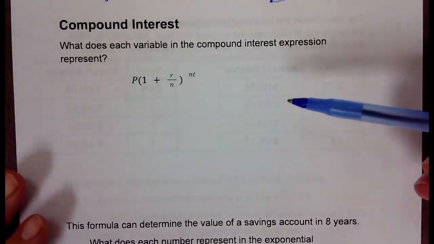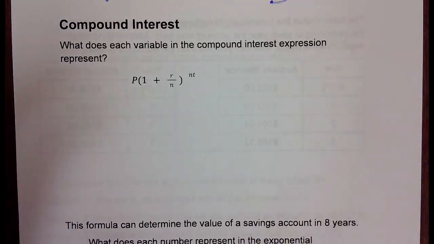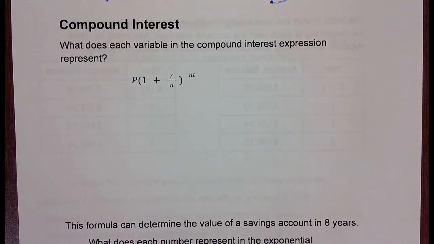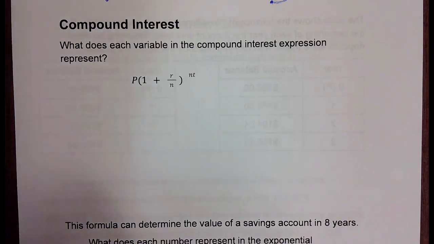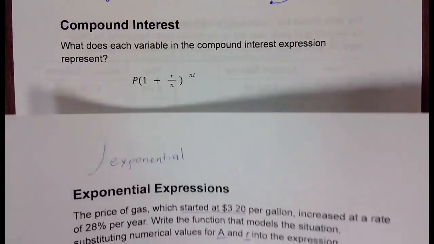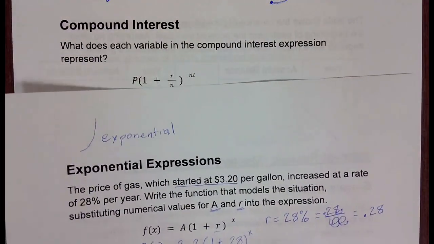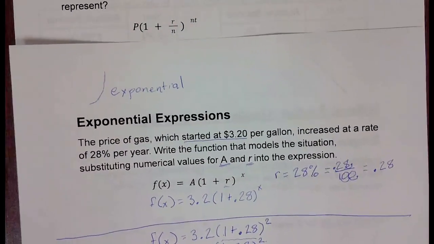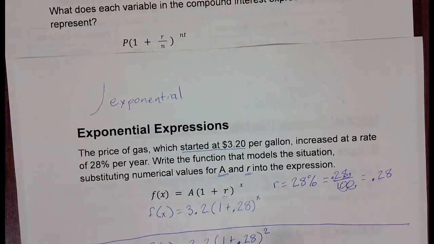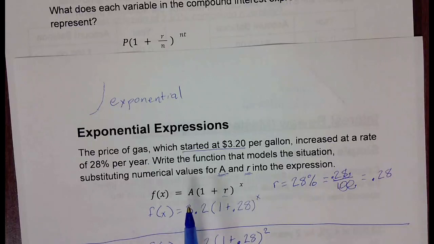This equation right here helps us find compound interest. It's very similar to the exponential growth equation, where f of x equals the amount we started with times 1 plus r to the power of x, where x is time.